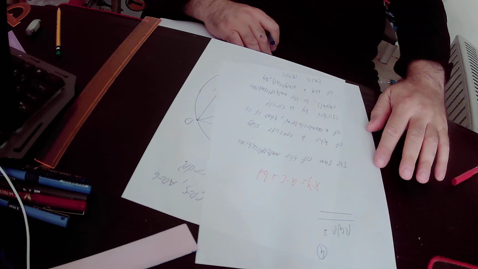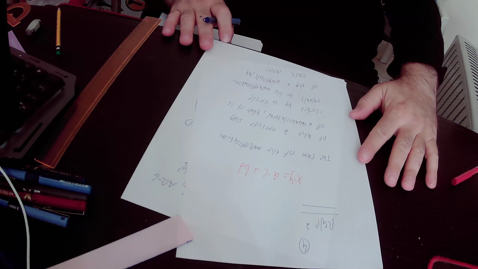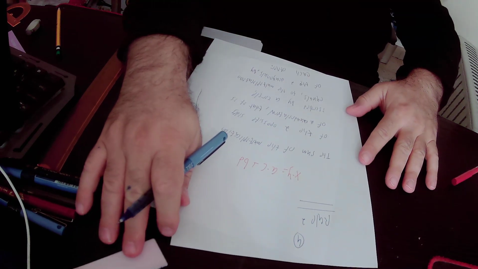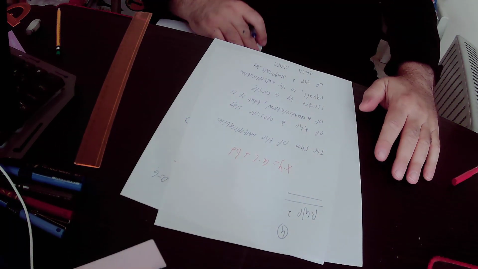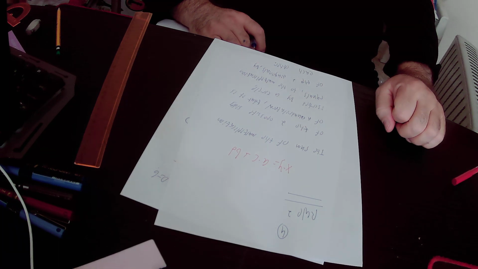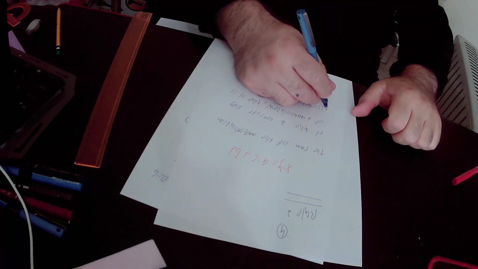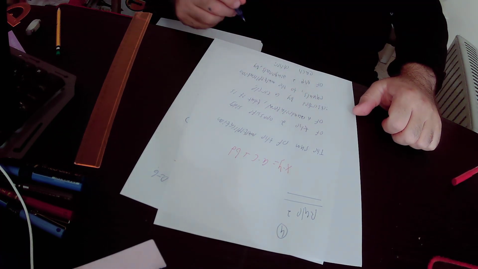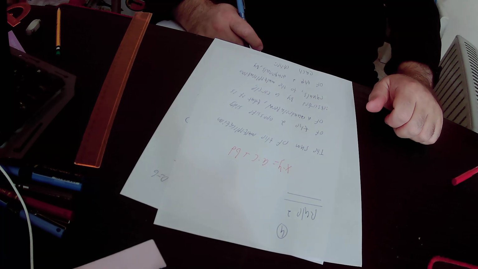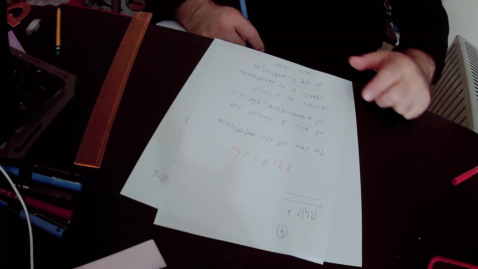Okay, so I'll read rule number 2 again. Rule number 2 states that the sum of the multiplication of the two opposite sides of a quadrilateral that is inscribed by a circle equals the multiplication of the two diagonals by each other.